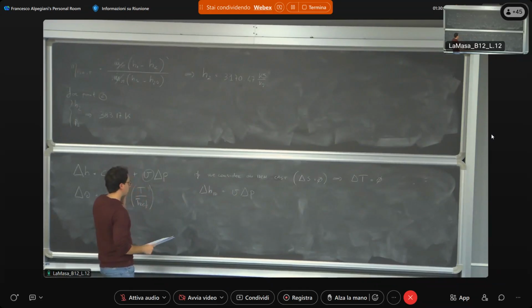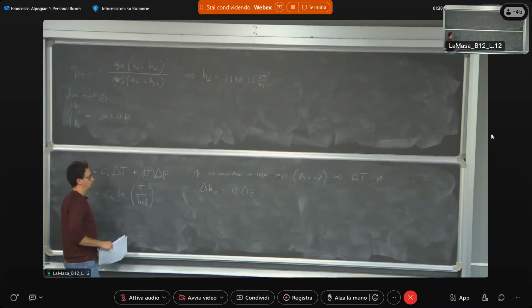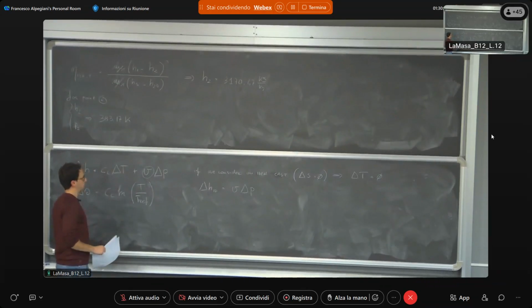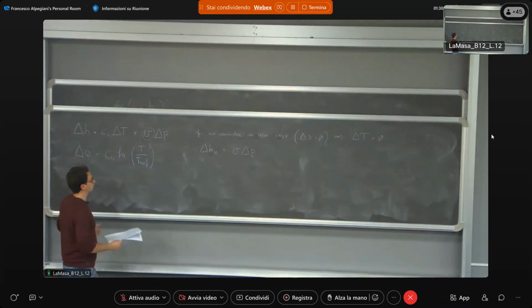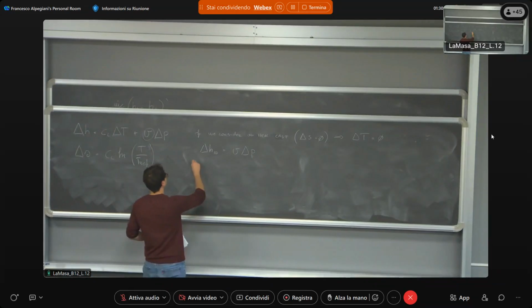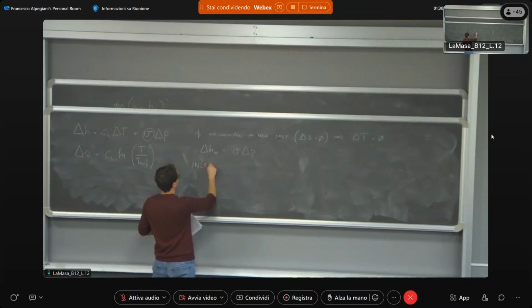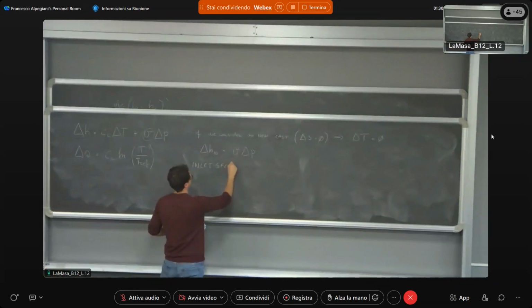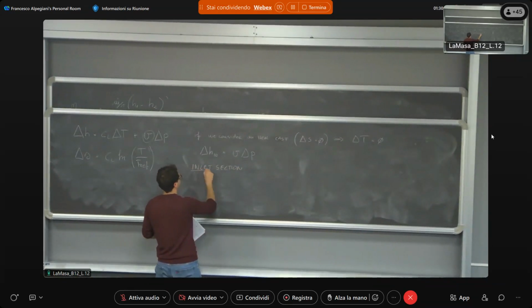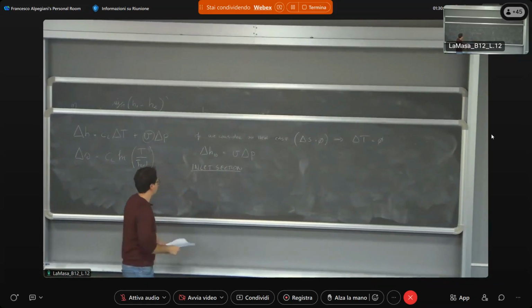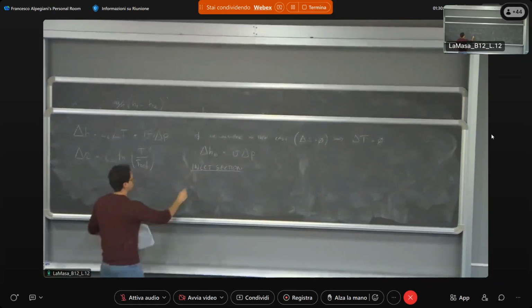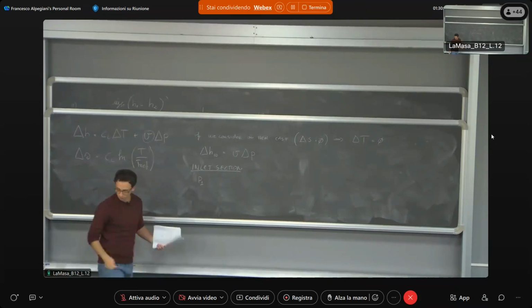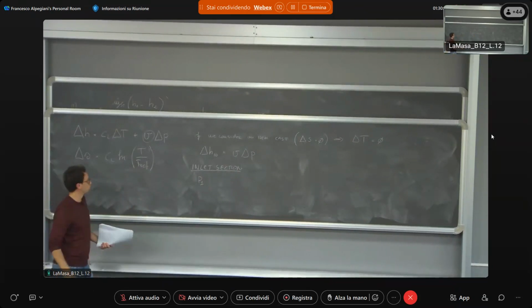Now, keep in mind these things. At the inlet of the pump, in the inlet section, what you know is the pressure, which is given, and the temperature, so P1 and T1.